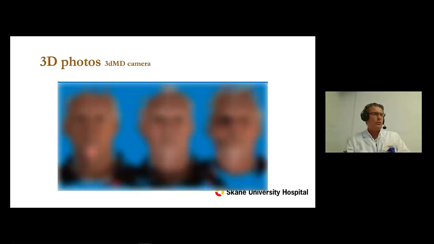As mentioned before, we have in our department a 3D camera called 3DMD, and this patient I photographed, the left photograph is taken November 2018. The middle picture is taken prior to surgery, May 2020, and the most right photo is postoperative.